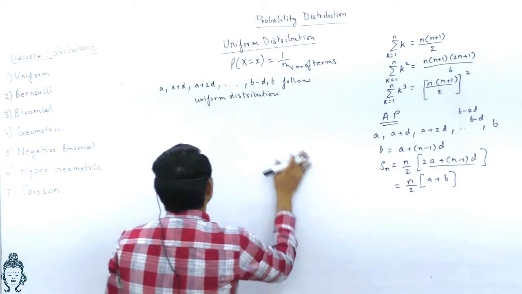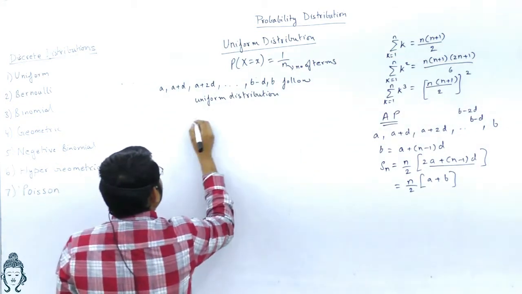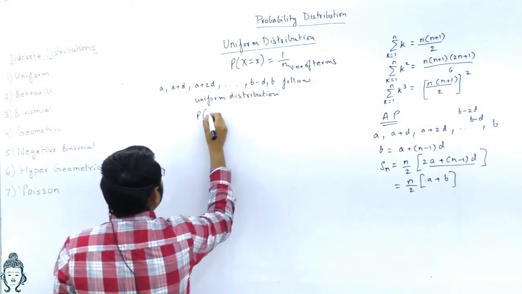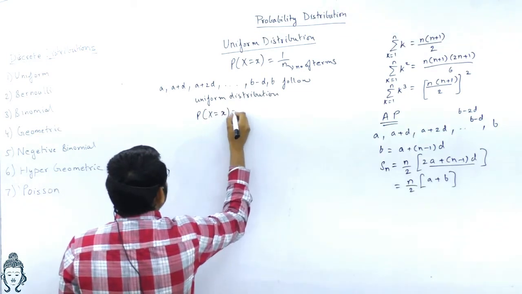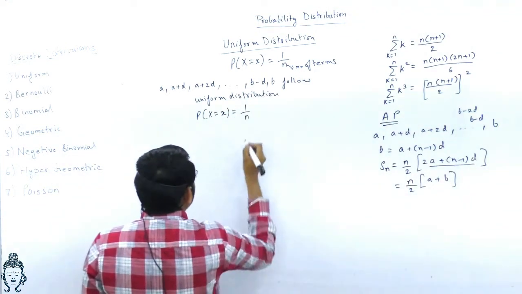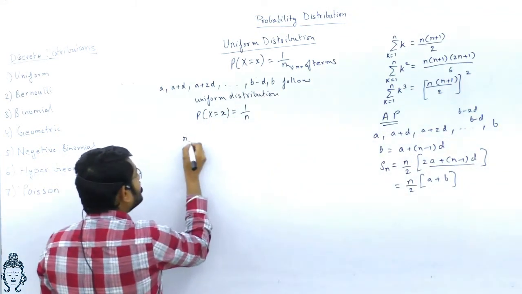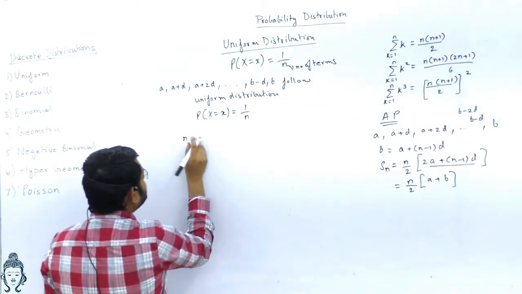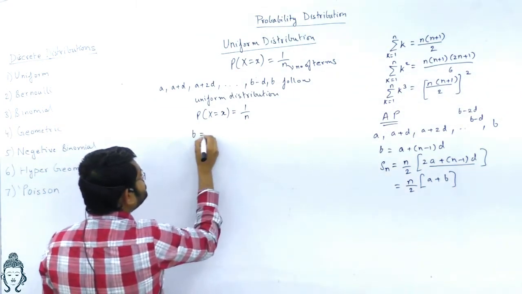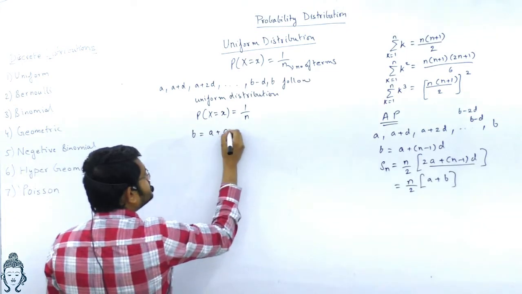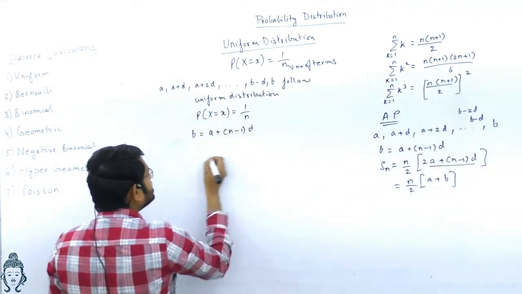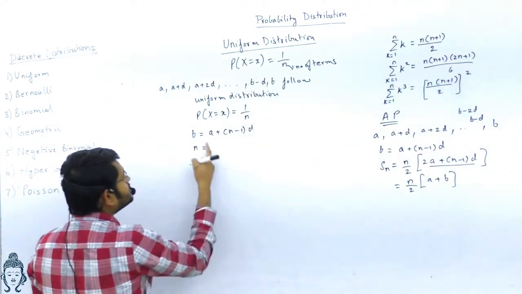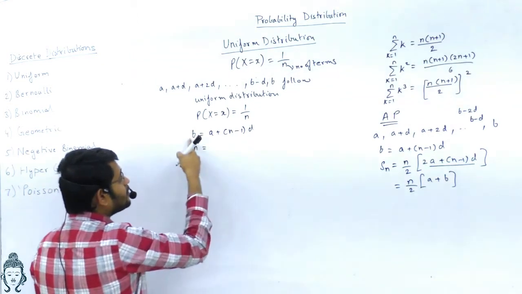So let's move forward. Here we'll say probability of x is nothing but 1 by n, where n can be written, or where I can say last term b is equals to a plus n minus 1 d, where n will be nothing but b minus a upon d.